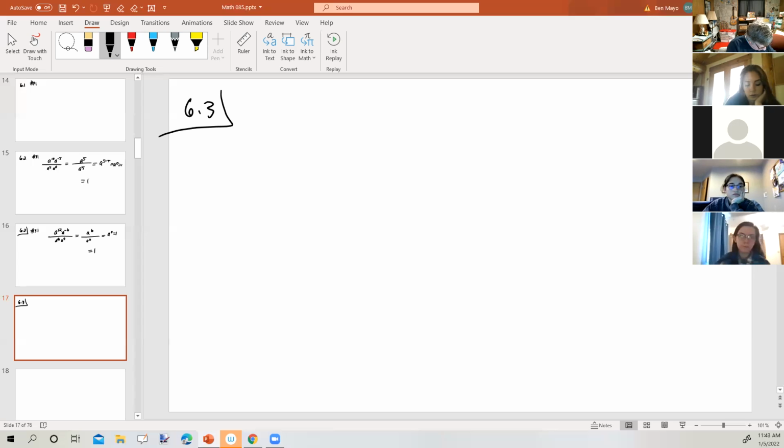Some books call it trial and check, other books call it guess and check. I've heard it called trial and check, guess and check, FOIL method. But anyway, that's tomorrow.